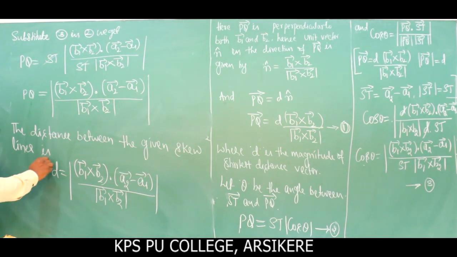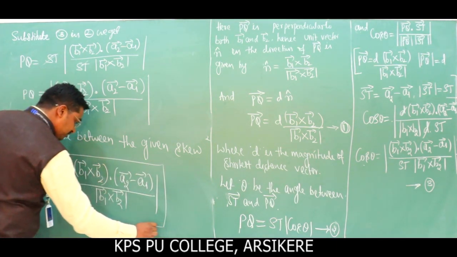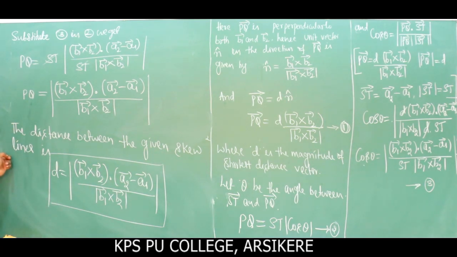This is the vector form to find the distance between the given two skew lines. Take a pause and note down all the things I have written here.